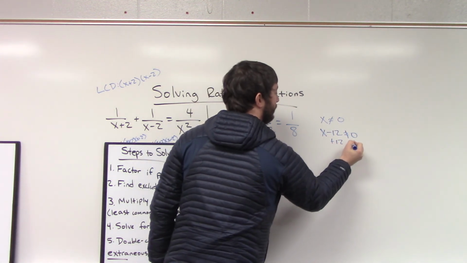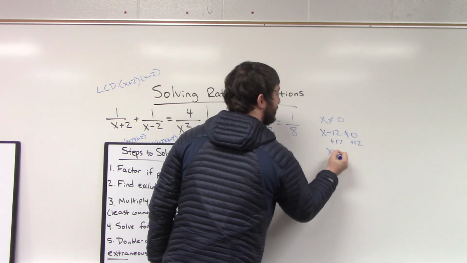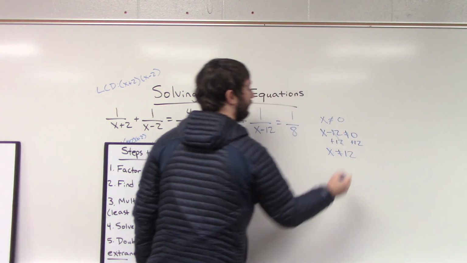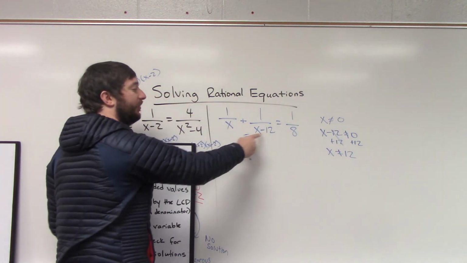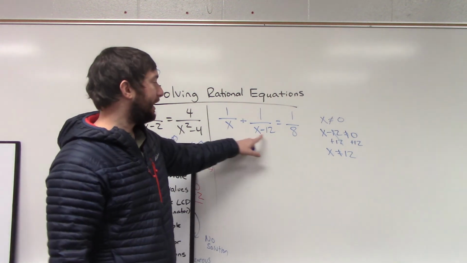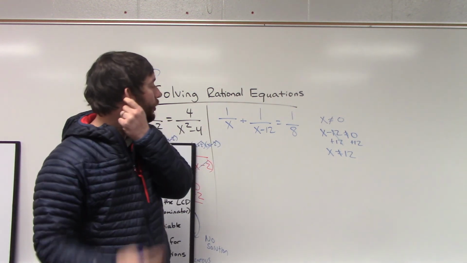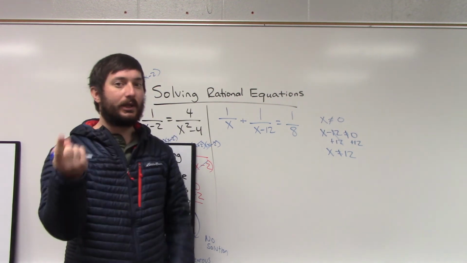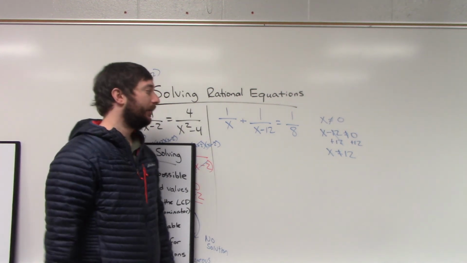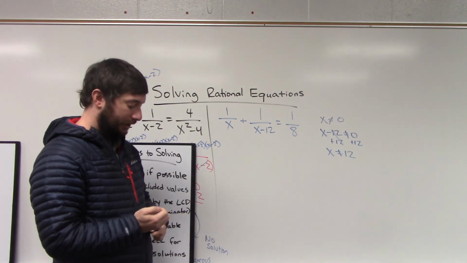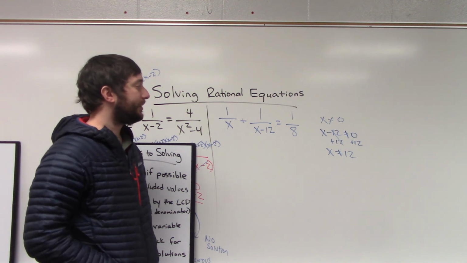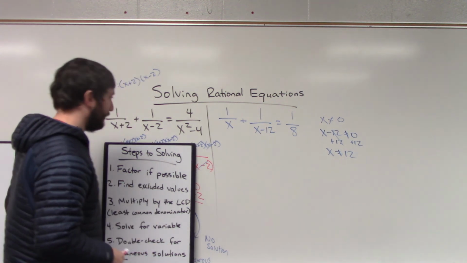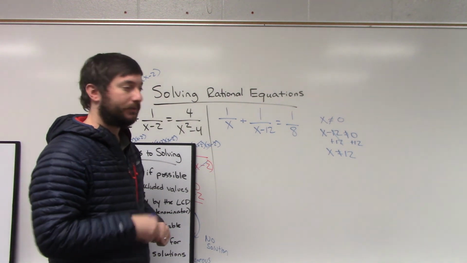If we add 12 to both sides, we see that that means x cannot be positive 12. Okay, because 12 minus 12 would be 0. X itself cannot be 12. So two excluded values there, 0 and 12. Let's keep those in mind towards the end of our problem, and make sure that we are not ending up with an extraneous solution.